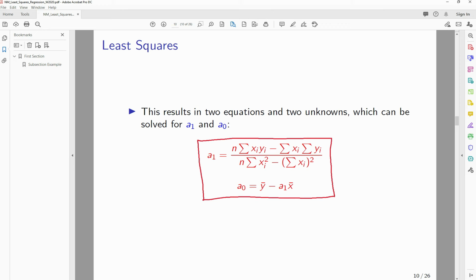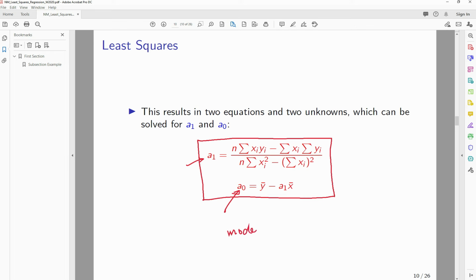Effectively, it's the summation of a whole bunch of different things over another ratio, and n is the number of data points that you have inside your data set. Note then that a1 is solved first, and then a1 is used in this formula right here, using substitution to get a0.